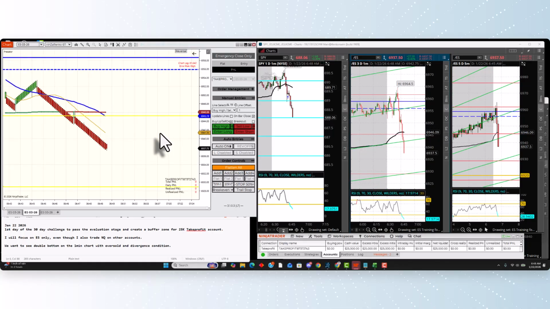Remember, most of the time I'm a reversal trader, so I just wait for the right opportunity to, in this case, buy the market when the time comes.